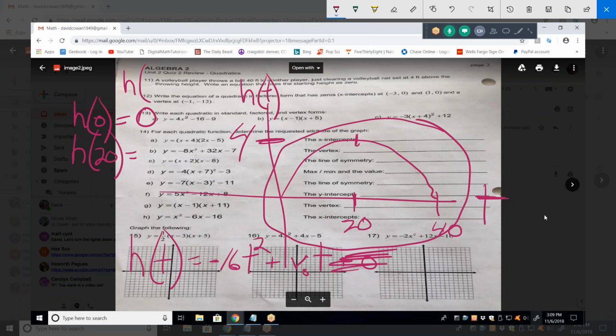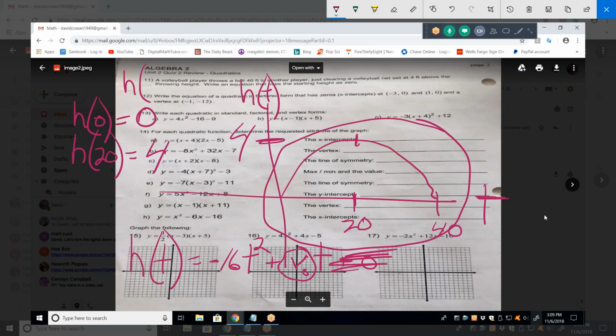Remember, h of t is the height. So after 20 seconds, what's the height of the ball? Barely clearing the net. It's 4. So h of 20 is 4.